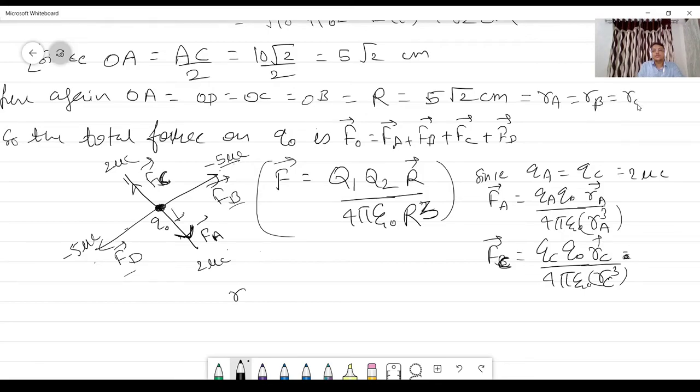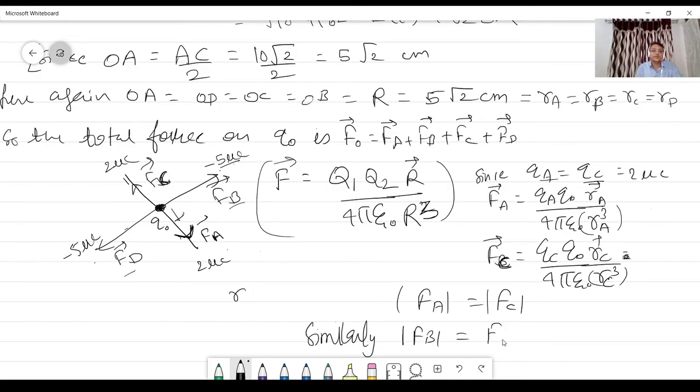I have written everything here. Since the distance between the charges is equal, and we know that qa is equal to qc, when you put all these equal values, you come to know that the magnitude of Fa will be equal to Fc, and the magnitude of Fb is equal to the magnitude of Fd.